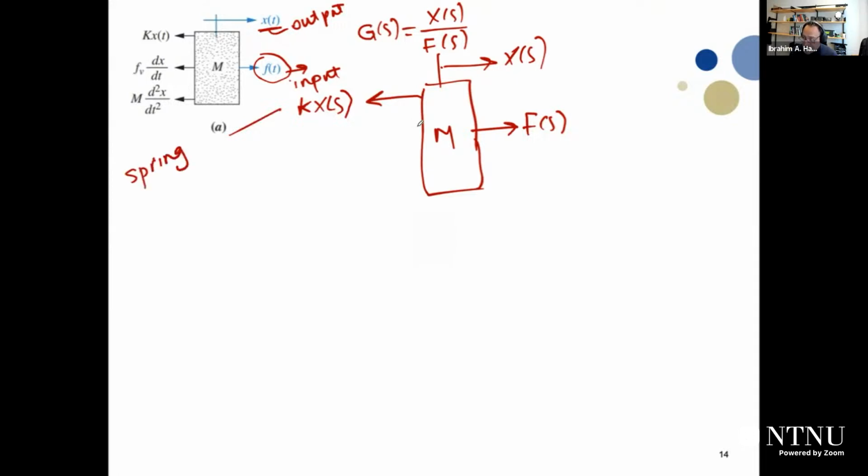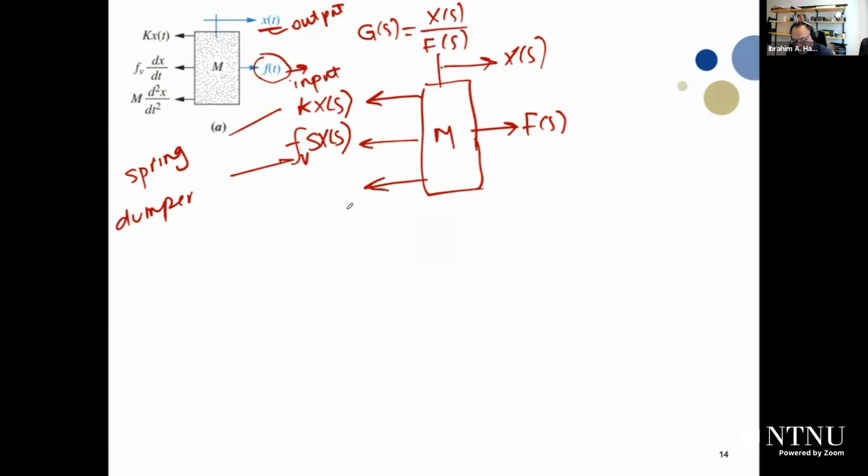Okay, the damper will generate a force. This one is the second one, the damper. This force, in fact, has a coefficient called Fv multiplied by the velocity, since it is proportional to the velocity. So the velocity will be sX of S. And this object has weight, mass, and it will also generate a force.